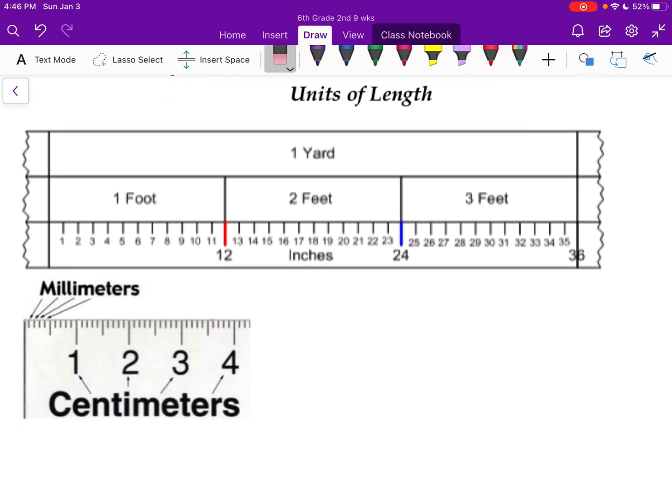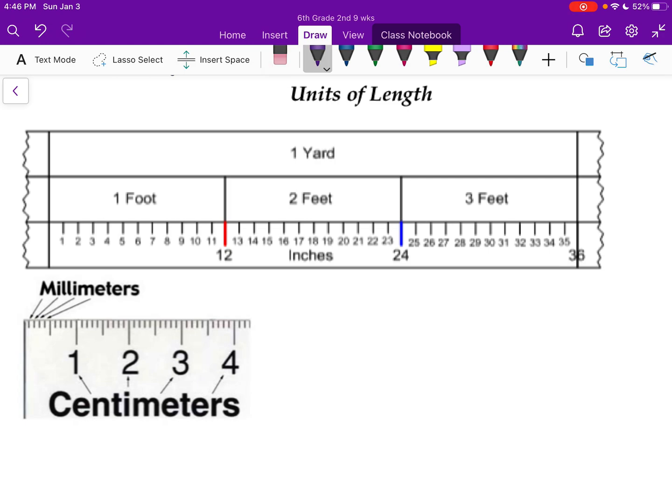All right, so let's look at units of length. Here we have a yard. We could say we ran a yard, or we could say we ran 3 feet, 1, 2, 3, because 3 feet is the same thing as 1 yard. Or we could say I ran 36 inches, because 36 inches is also equal to 1 yard.